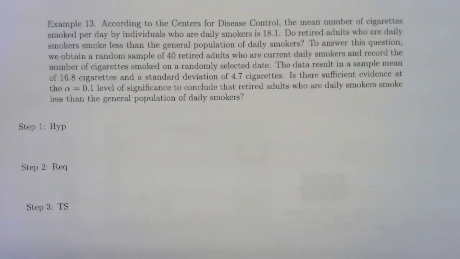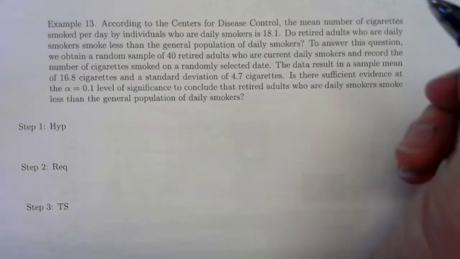The data result in a sample mean of 16.8 cigarettes and a standard deviation of 4.7 cigarettes. Is there sufficient evidence using alpha equals 0.10 to conclude that retired adults who are daily smokers smoke less than the general population?